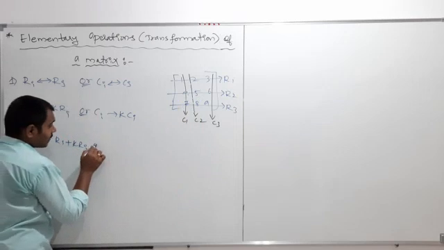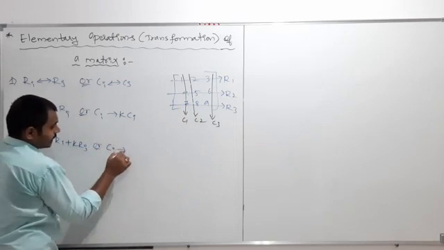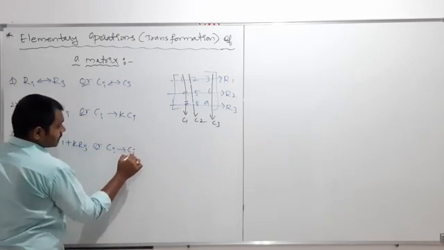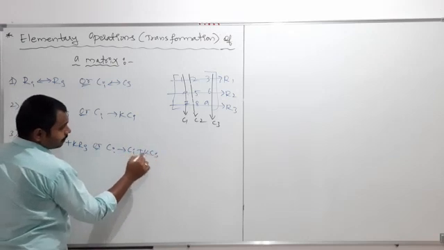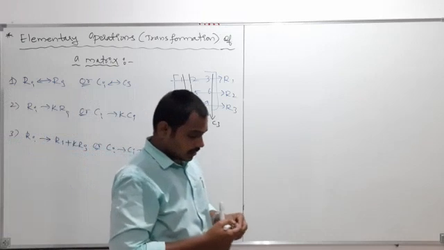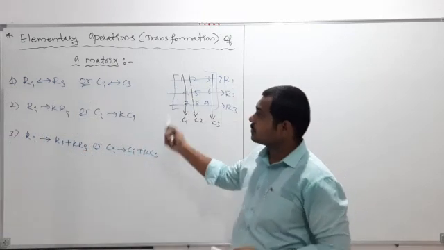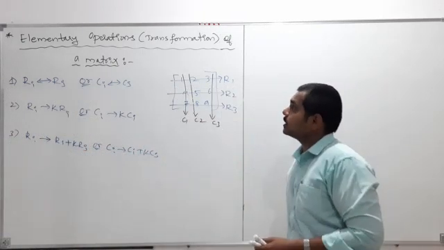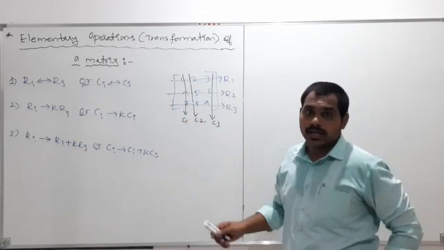Clear? And similarly for columns also, that is Ci changes to Ci plus k into Cj, where k is a non-zero constant. So these are the rules we have, my dear students. This we can call the elementary operations or transformations.